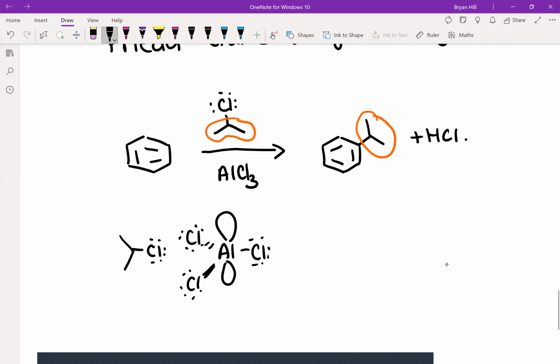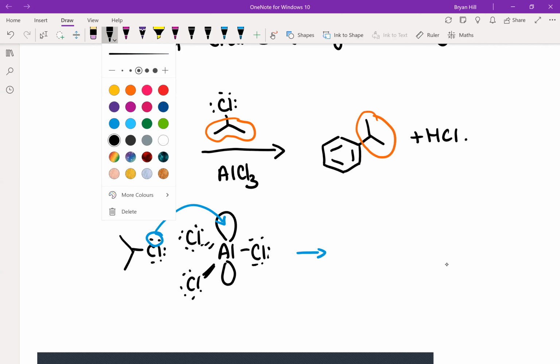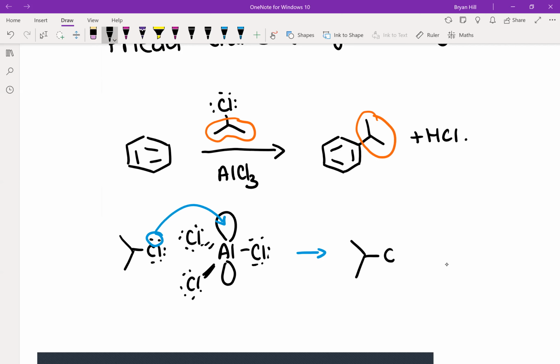So let's donate our electrons in there. And if we put on our formal charges, the chlorine is going to be positive, the aluminum is going to be negative.